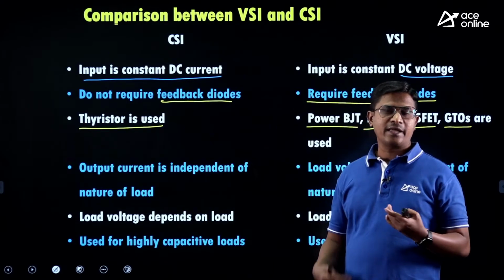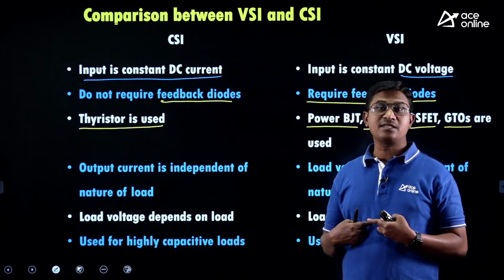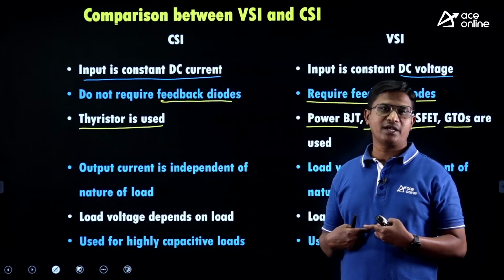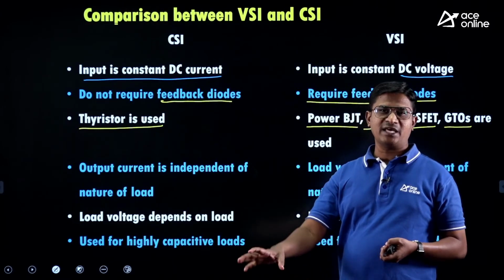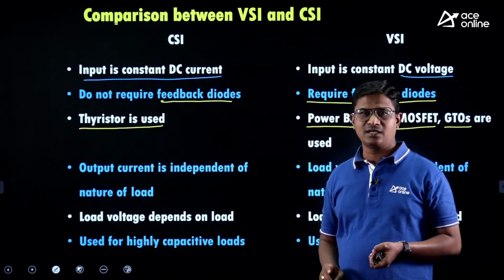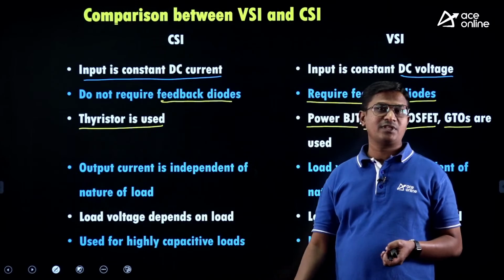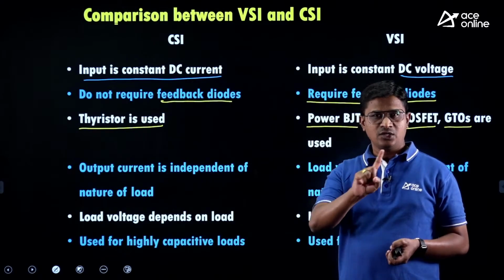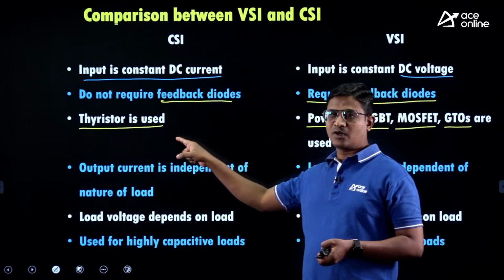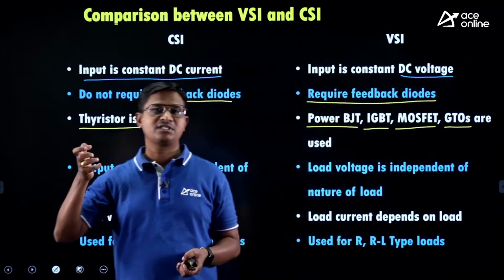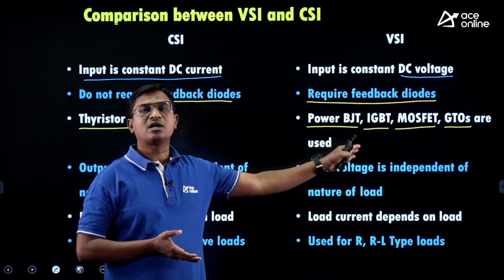No. I can turn on the thyristor by circulating positive gate current. But if I remove the gate signal, will my thyristor come back to the off state? No, it will not. So thyristor or SCR is a semi-controlled device, whereas all these are fully controlled devices.